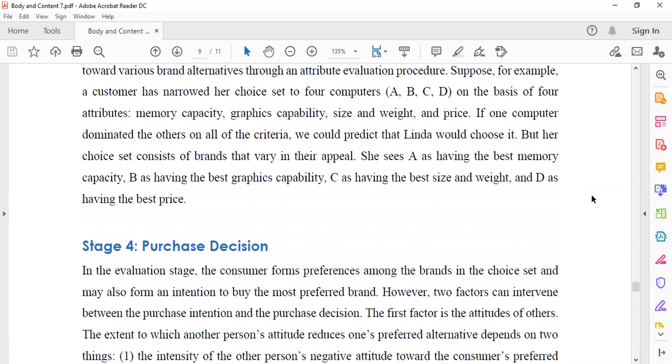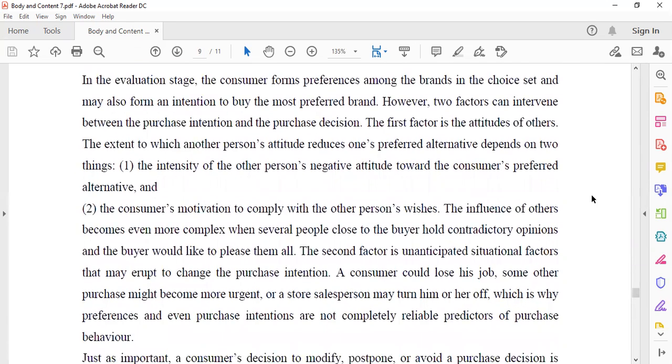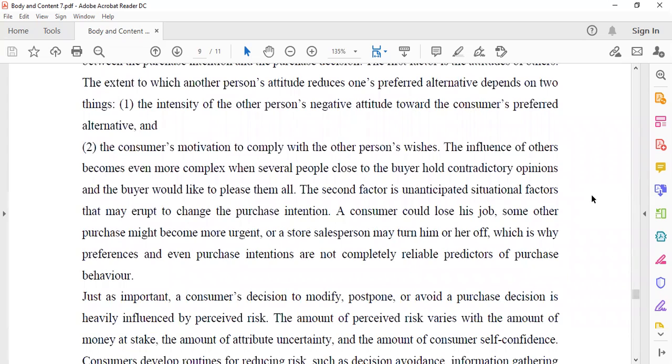And then, having made this choice, the consumer moves to the 4th stage, which is the purchase decision. Because in the evaluation stage, the consumer forms preferences among the brands within his choice set, and may also form an intention to buy. In this stage, the interest is to convert this intention to buy into actual purchase.